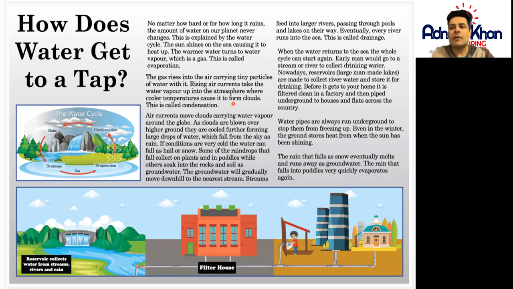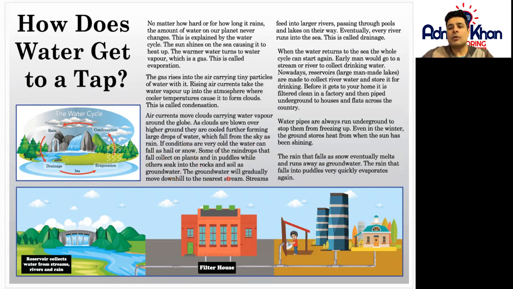The air currents move clouds carrying water vapor around the globe. As clouds are blown over higher ground, they are cooled further, forming large drops of water, which fall from the sky as rain. And that's how we get rain. If conditions are very cold, the water can fall as hail or snow. Some of the raindrops that fall collect on plants and in puddles, while others soak into the rock and soil as groundwater.